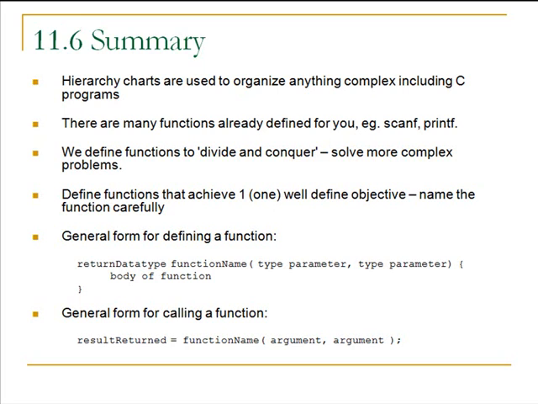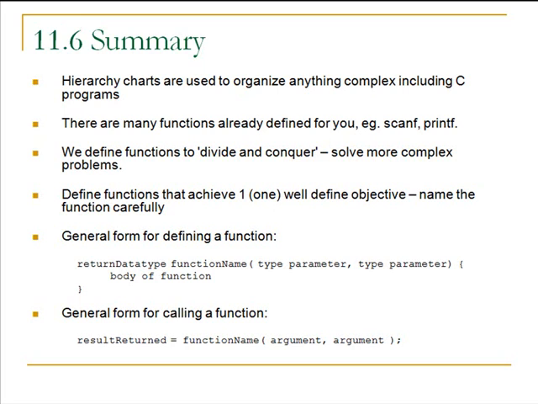So here's the general form for defining a function. You have a return data type, the name of the function, and the parameter list. And then inside the braces, the body of the function. This is what the function actually does. So recall that the parameters are the input into the function, and the function returns one piece of information back to the caller.